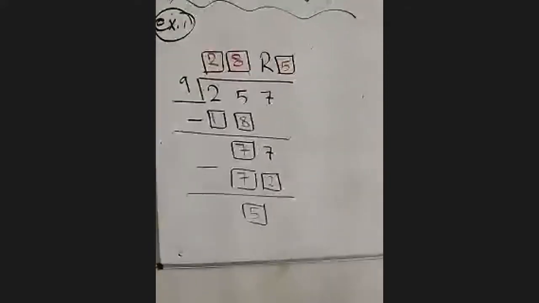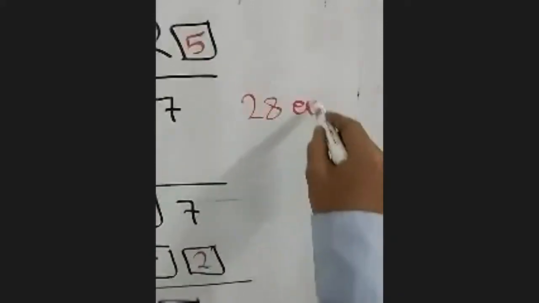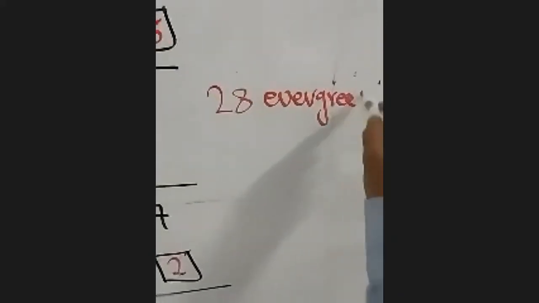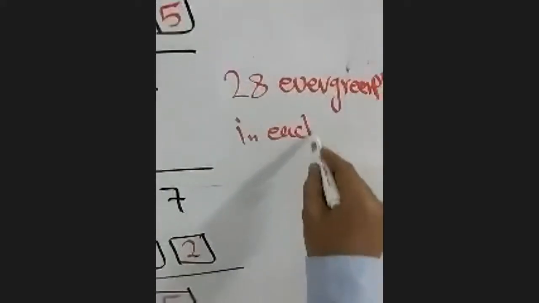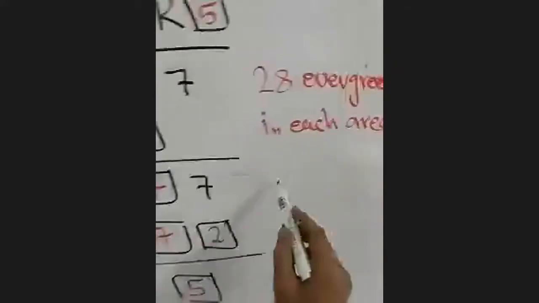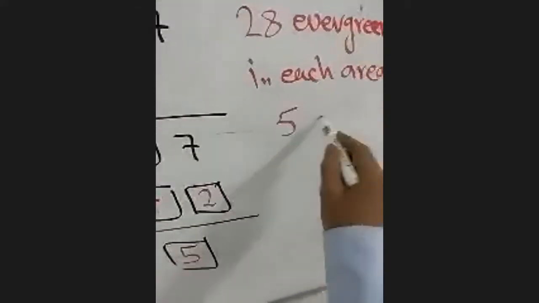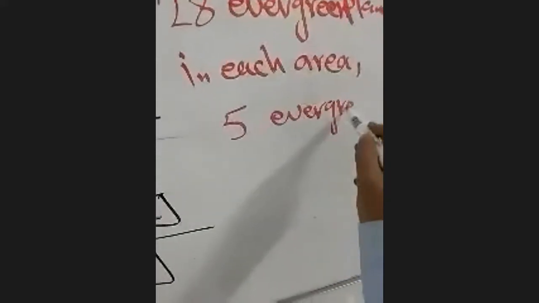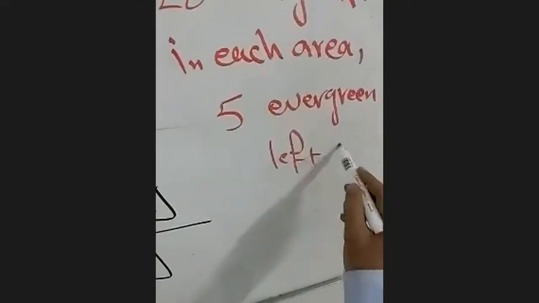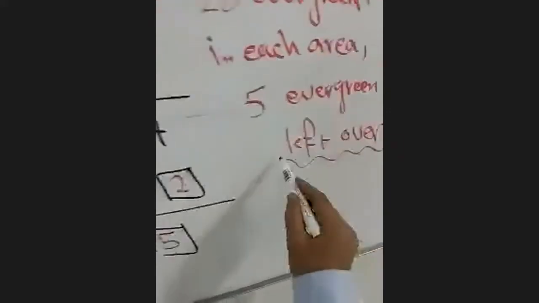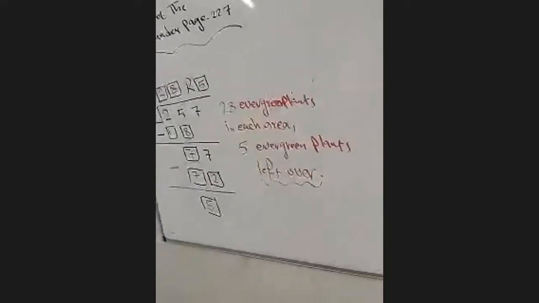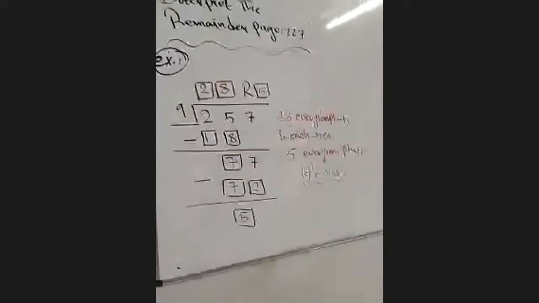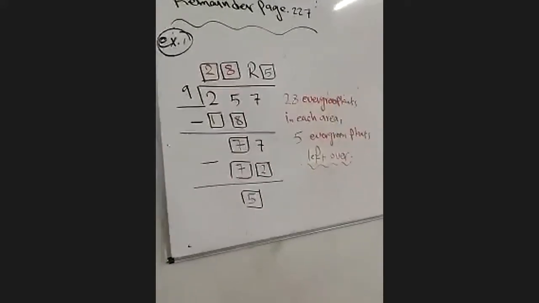So we can plant 28 evergreen plants in each area, and we have 5 evergreen plants left over. What's the meaning of the word left over, Kareem? Left over means the rest is still without planting. Got it?